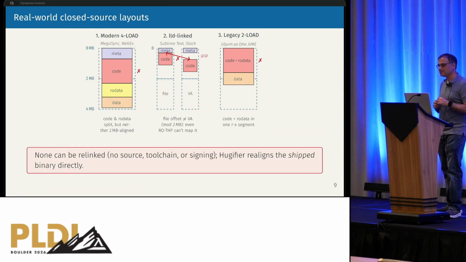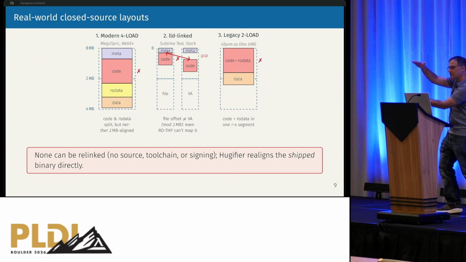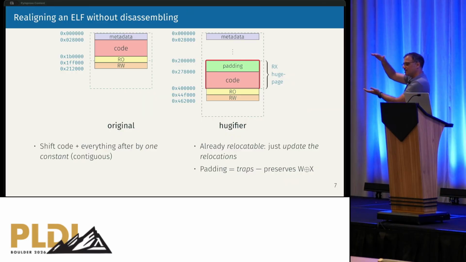The virtual address for the code will not clash with the virtual address for the read-only data. I'm going to shift everything down, because I kept the relative offsets the same. Everything shifts down. There is no collision.